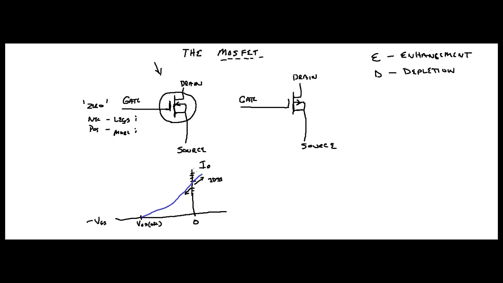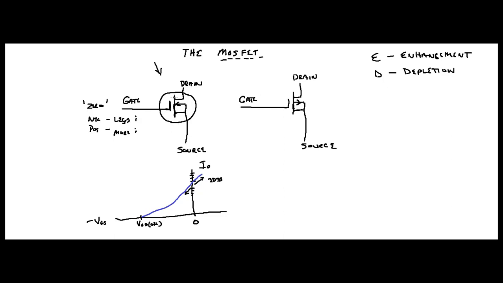So your DMOSFET obviously has a different curve. There's obviously no threshold voltage for your DMOSFET because it will allow current to flow at 0 volts. But if you recall, your eMOSFET will not because there's no bridge. So when you look at this, it's kind of intuitive.